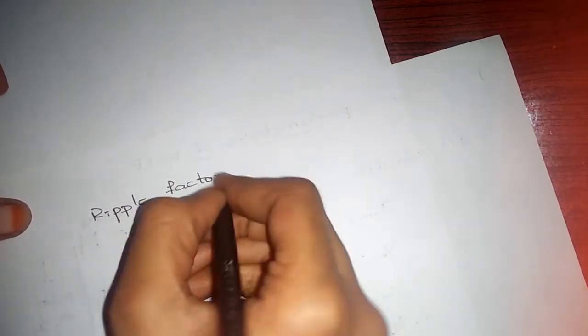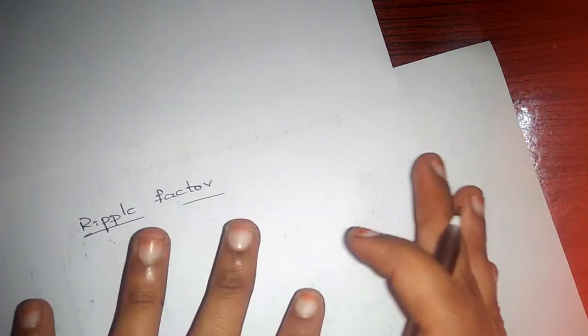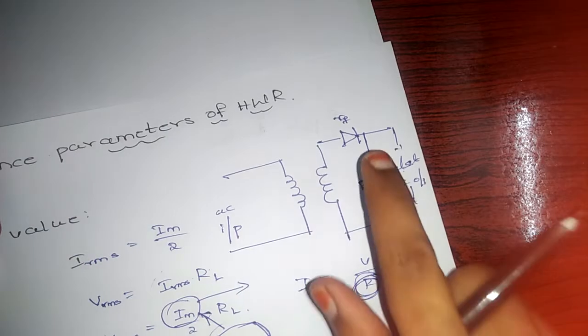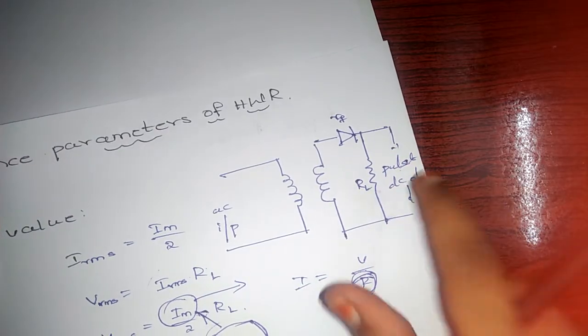And then next we have the ripple factor. The purpose of the rectifier is to convert AC to pulsated DC. Here we also have AC components mixed in this DC.